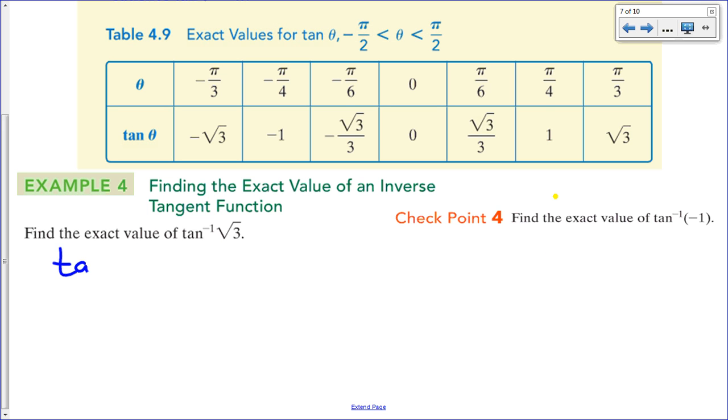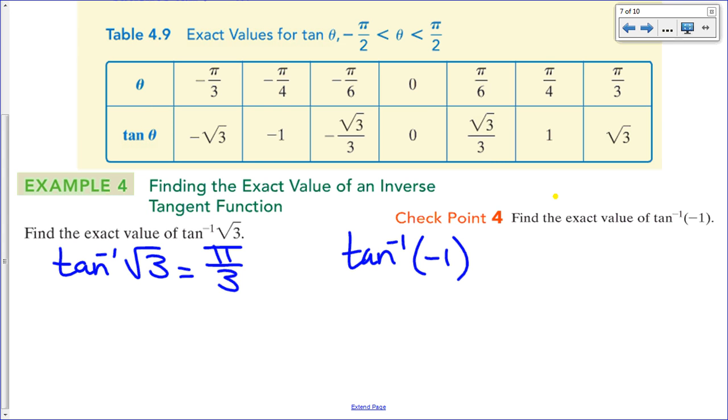All right. So tangent inverse. The tangent inverse of the square root of 3. Pi over 3. Thank you. All right. And tangent inverse of -1. Negative pi over 4.